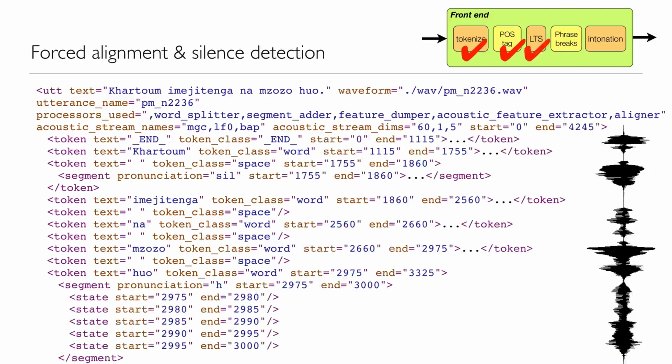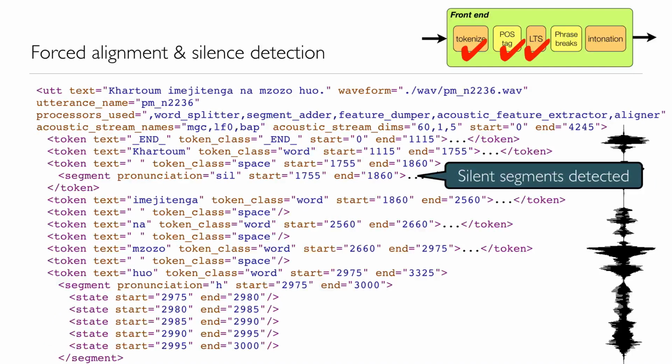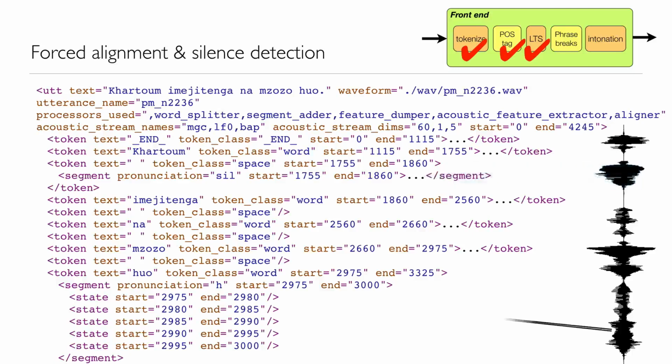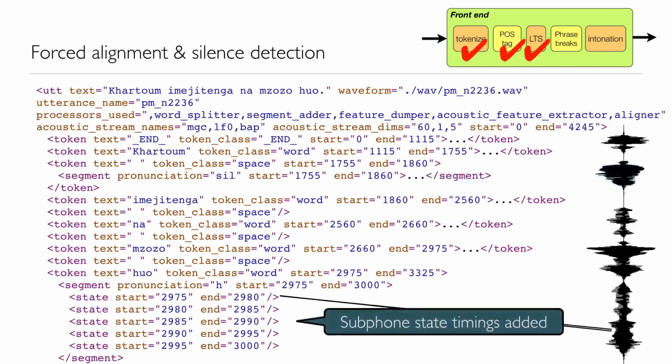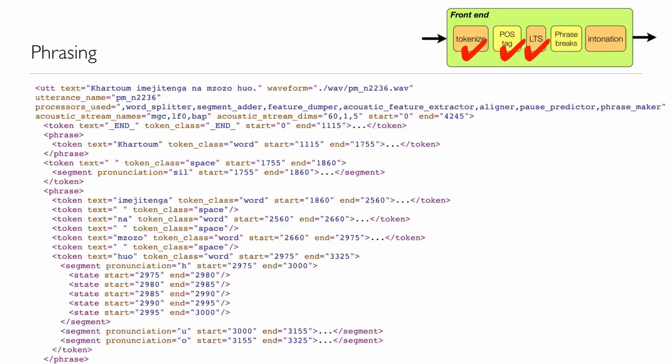At training time, we'll do an alignment with some audio, and we'll refine our initial guess about where silences probably or possibly are to saying where they actually are detected in audio. So there was actually silence detected after Khartoum there. And it'll give us timings for the position of phones and subphone states in our data.